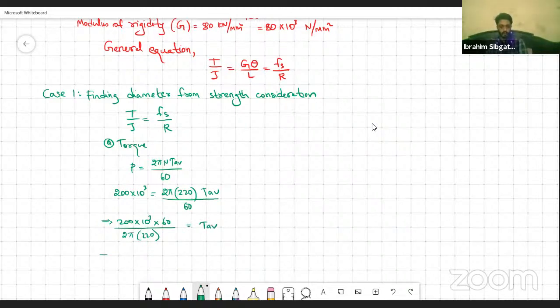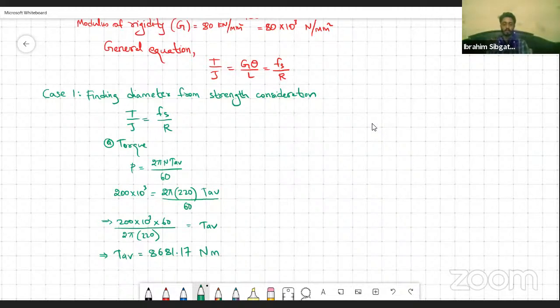Okay, so the answer will be, let me write it down like this, average torque or mean torque will be 8681.17, and the units over here will be Newton meter.